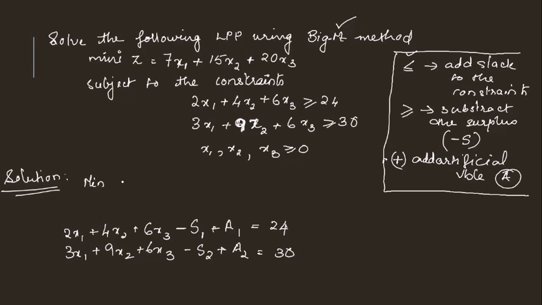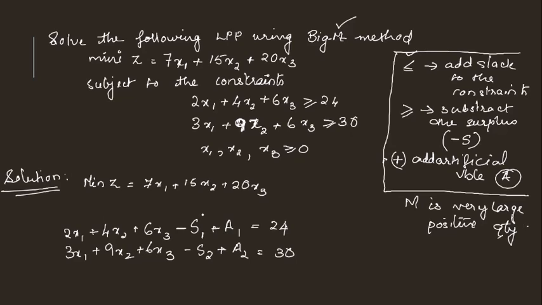So what things am I going to add to the objective function? Let's have a look. And here comes your M. Now, why is it called big M? You're going to introduce an M to this objective function, and M is a very large positive quantity. So how will I introduce that?